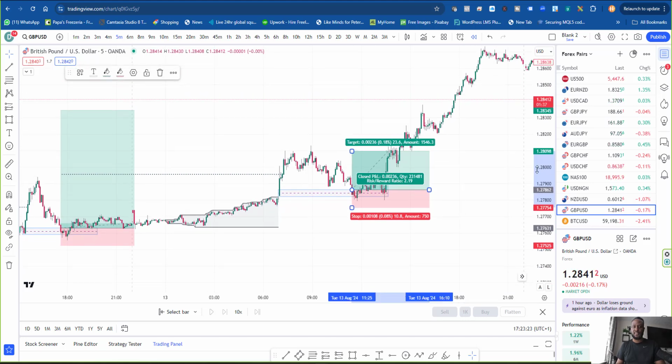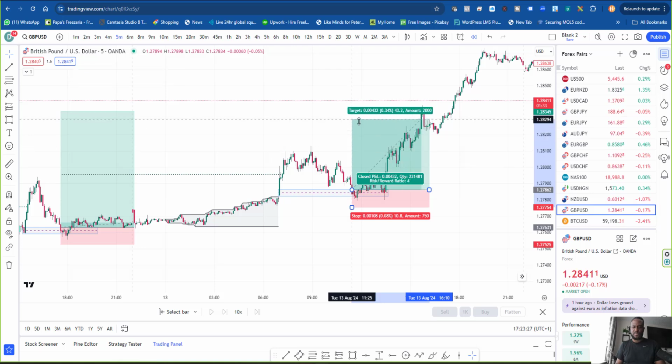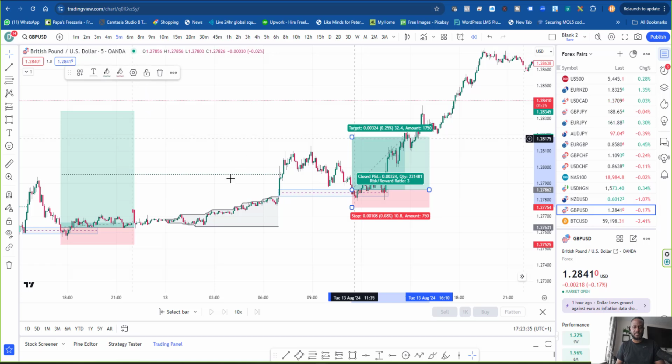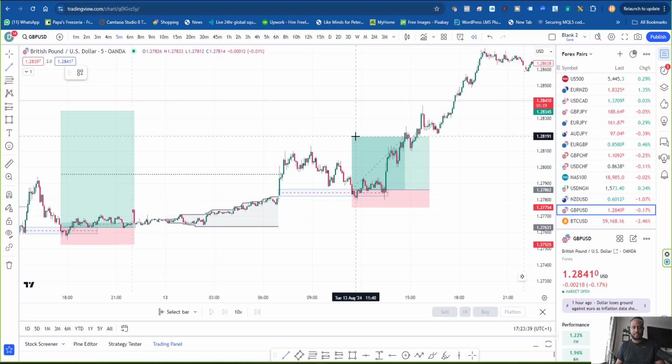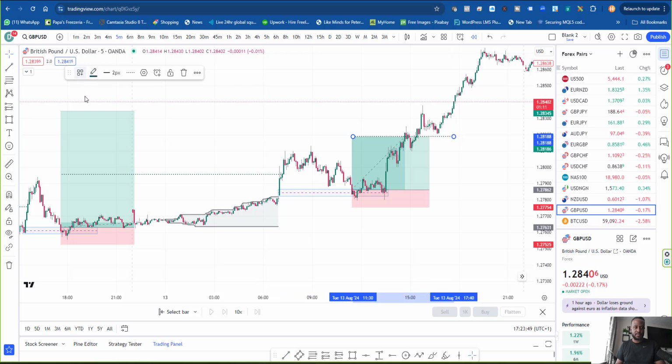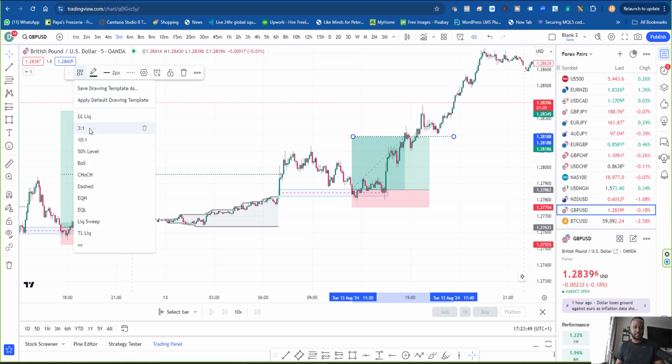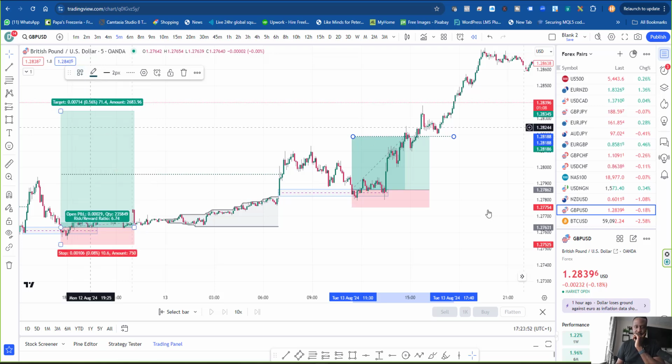And 3 to 1 was around that push there, right? So this was the 3 to 1 here. So that was 3 to 1, right?